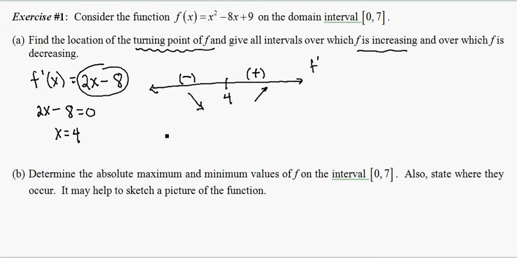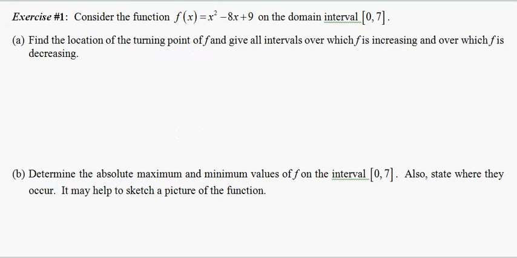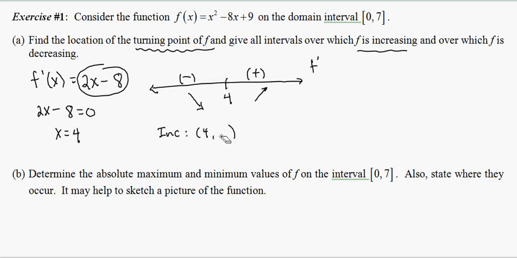Alright, so we can say that it's increasing over the interval 4 to infinity. Oh no, we don't want to say 4 to infinity. Just erase that a little bit. What we want to have is 4 to 7, because we really have those endpoints on here.